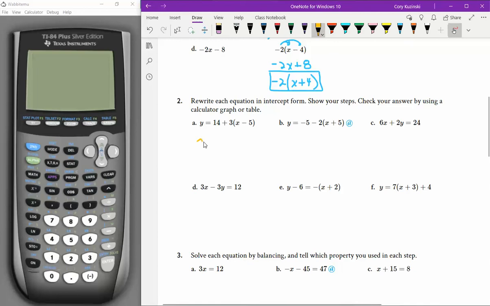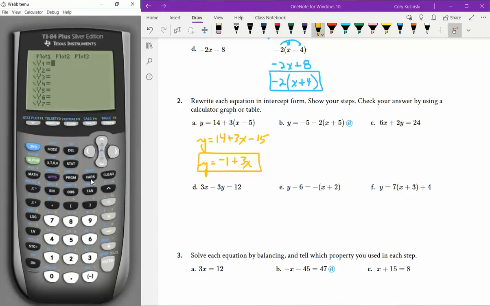Here we go. So we want to turn this into intercept form. To do that, we're going to distribute: 3x minus 15. Then we combine like terms. 14 and negative 15 makes negative 1. So there's the answer. Let's check and see if that works.